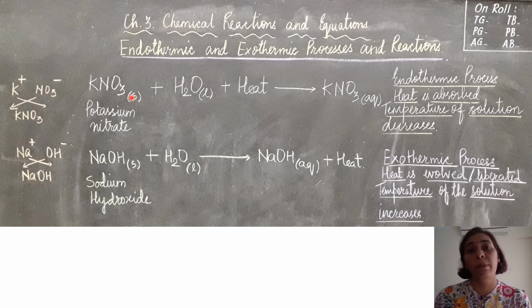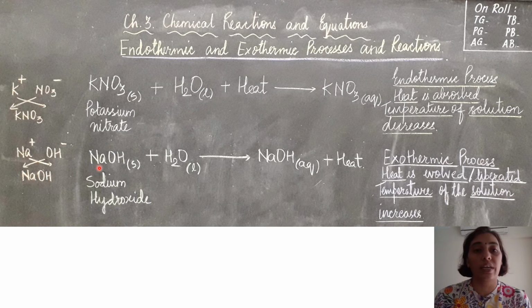If for example, the temperature of water is 22 degrees Celsius, it will be below 22 degrees Celsius. So it's an endothermic process. Heat is absorbed. Here we are not supplying any heat. We are not bringing about heat. It is absorbing the heat from the surroundings. And the temperature of the solution decreases.